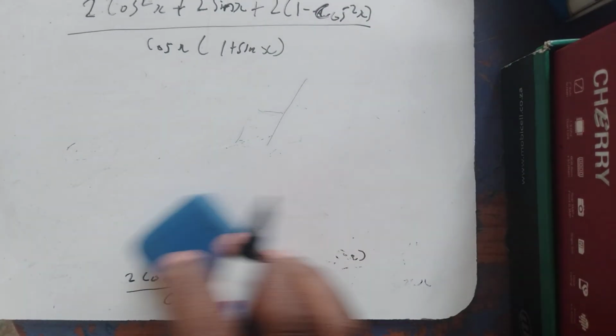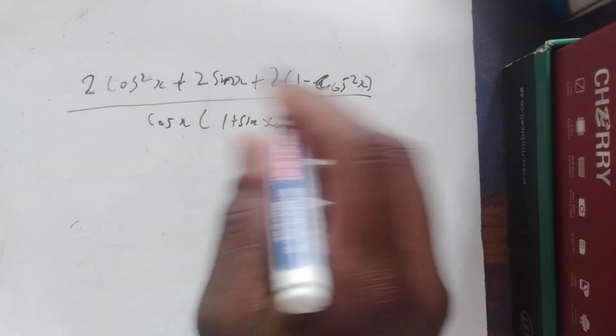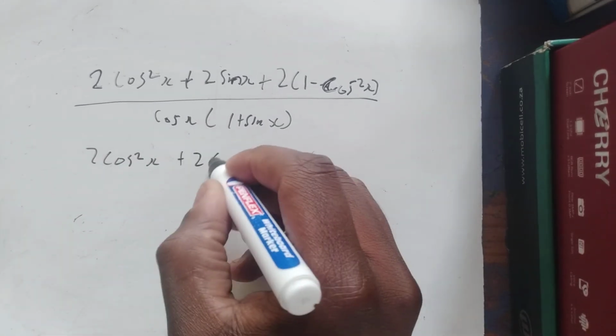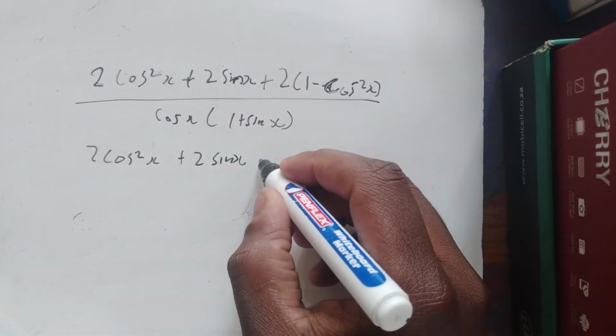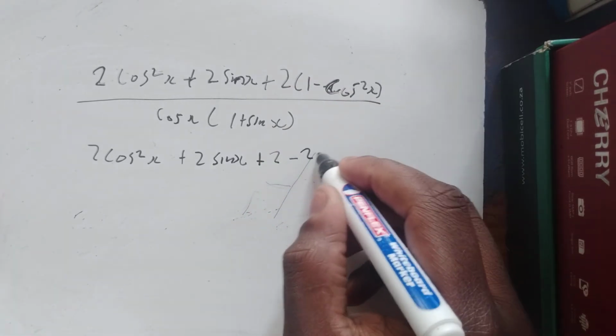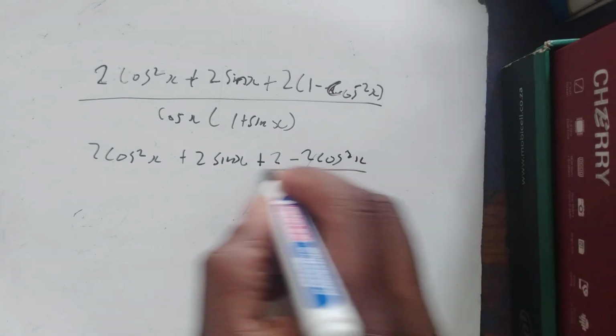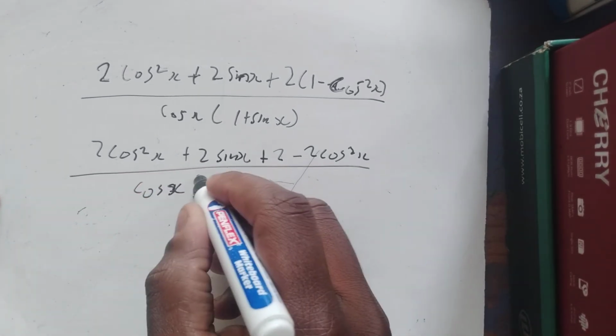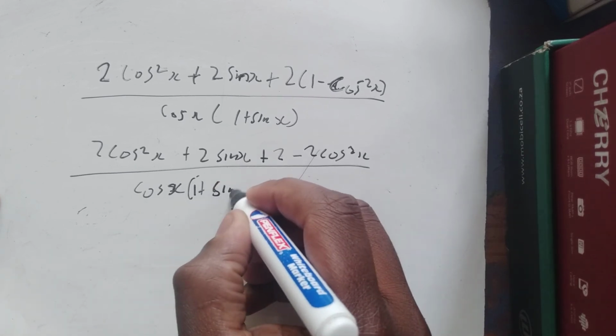Okay, so from here, when we distribute, this is 2 cos squared x plus 2 sine x. Now when we distribute, this becomes minus 2 cos squared x, all over cos x times 1 plus sine x.